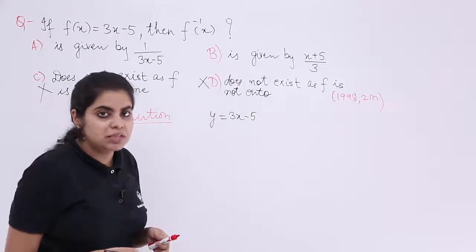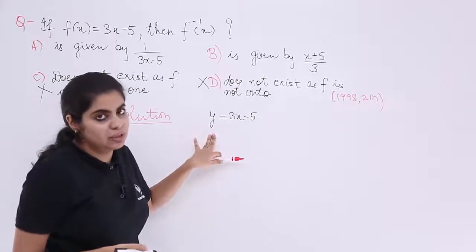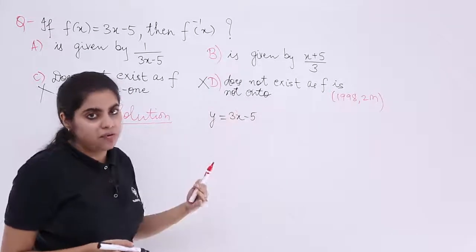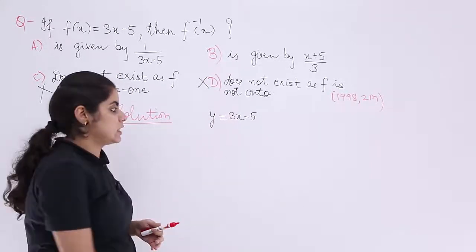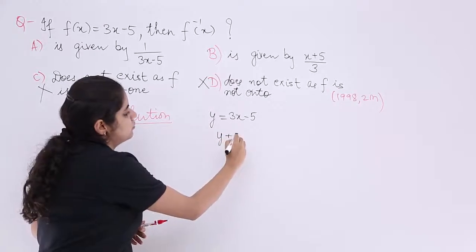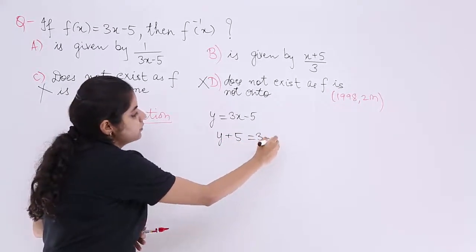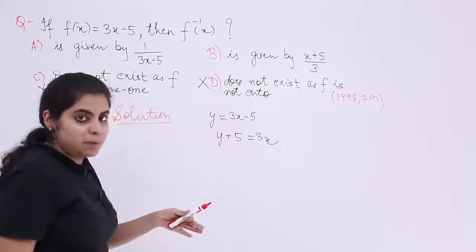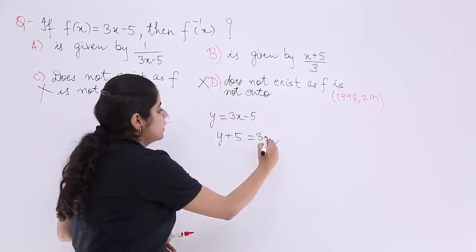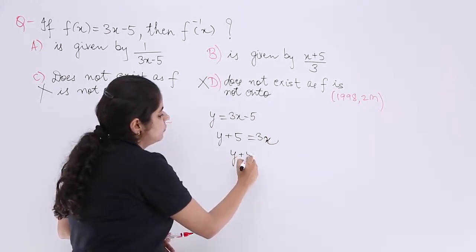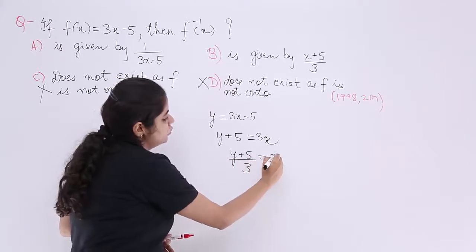But for the inverse, we are not supposed to find the value of y, but the value of x. Basically f inverse x. So it becomes y plus 5 is equal to 3x. Or in other words, it becomes (y plus 5) upon 3 is equal to x.